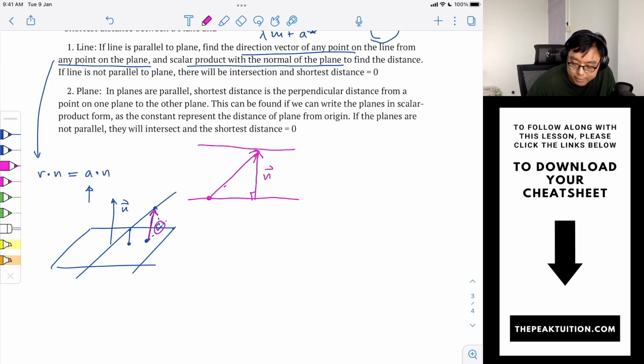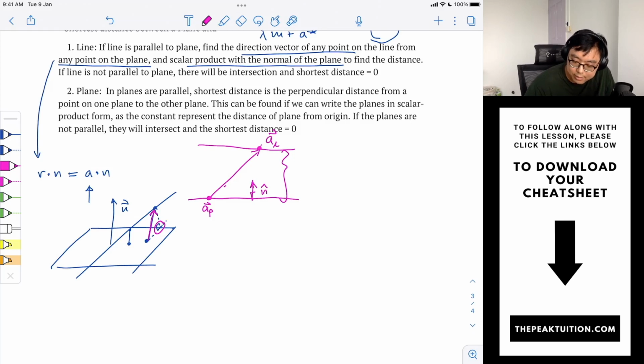This is the point on the plane, AP. This is the point on the line, AL. The normal points in this direction, but it's not necessarily this entire distance.